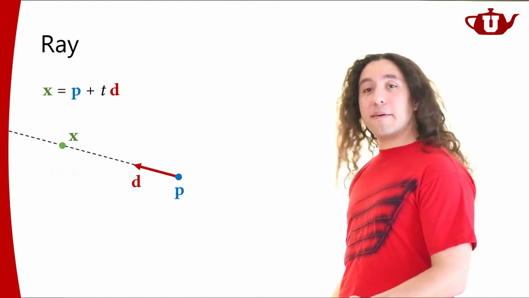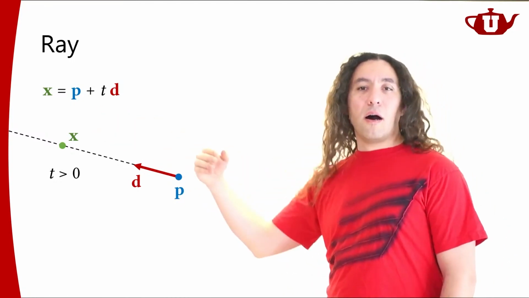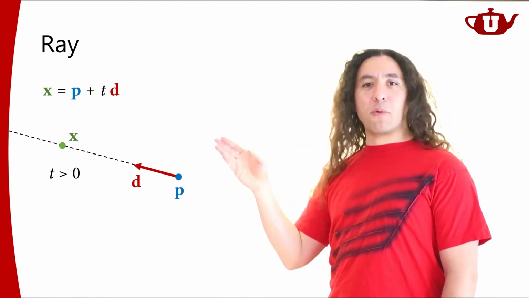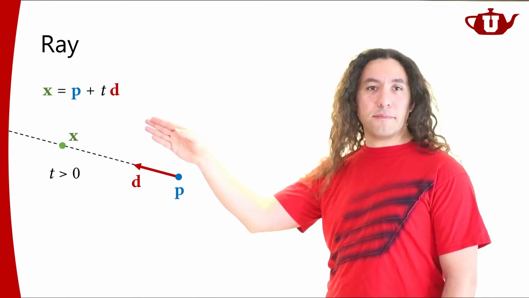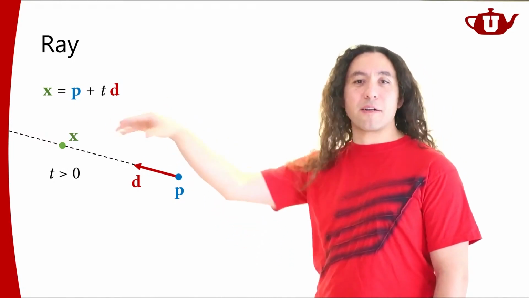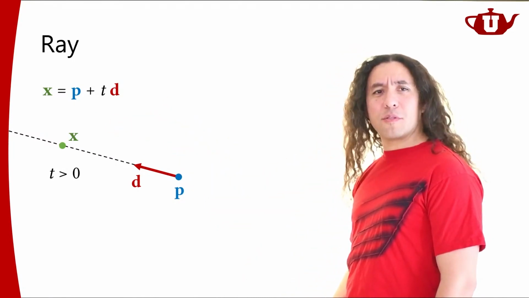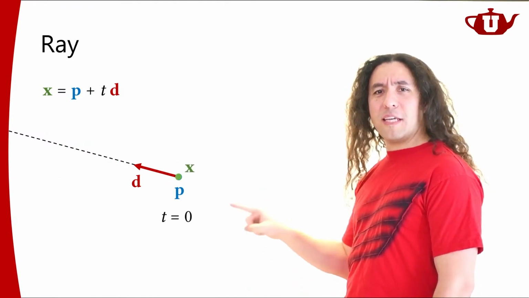When t is positive, we're going to be on this side of the ray. I would say we're going to be in front of the ray, all right, on this side of the ray. So we're going to be on the mathematical ray. Actually, I believe the mathematical ray also includes the point where t is equal to 0.